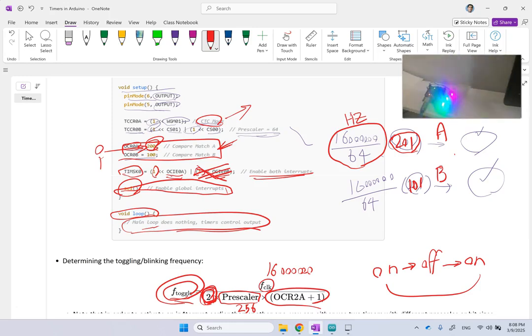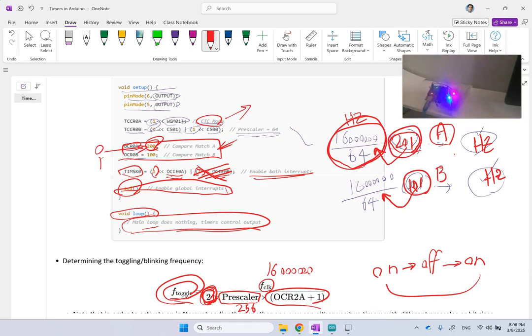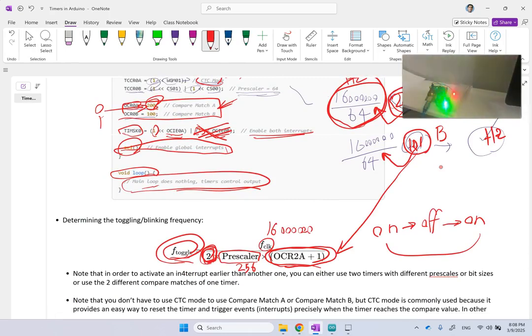So if you want a frequency here, not time, because time and frequency are reciprocals of each other, I have to bring it into the denominator, if the number I want at the end is hertz. If the number I want is time, then I have to take the reciprocal of this number multiplied by the OCR plus 1. So you're right, really we should not mix it like this. We should bring that OCR plus 1 into the denominator and not the numerator. It is totally right. So if you want to use a formula, I recommend using this one here.